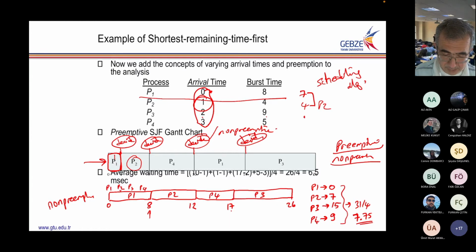When P3 comes, 9 versus 7 versus, what's the other one?